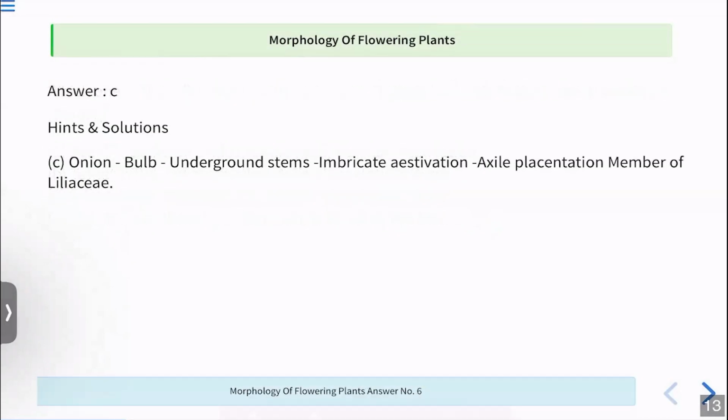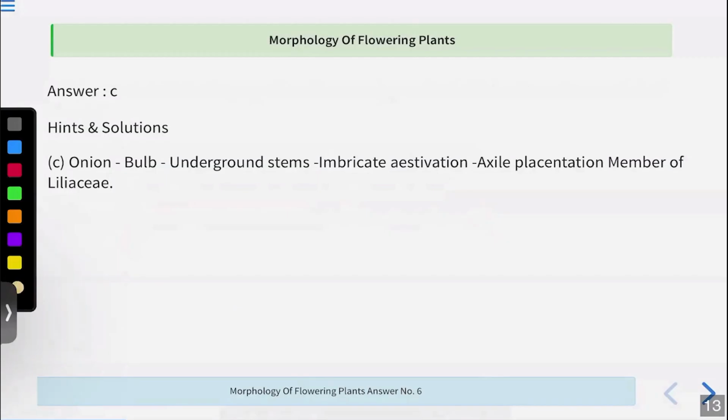The answer is onion. It has a bulb or underground stem. It has an imbricate aestivation and axile placentation. It is a member of the family Liliaceae. Bulb, so it is part of an underground stem. The stem of an onion is actually represented by this disc.